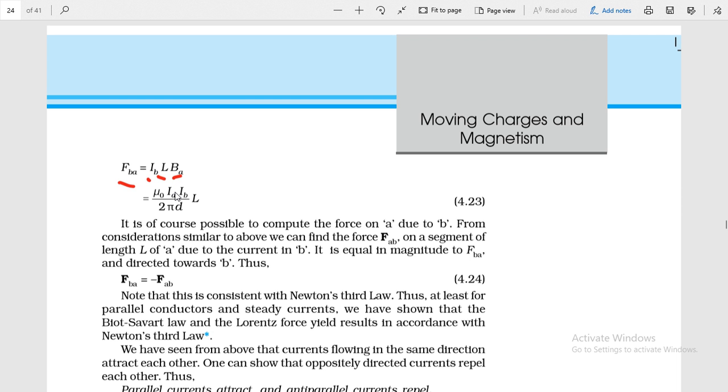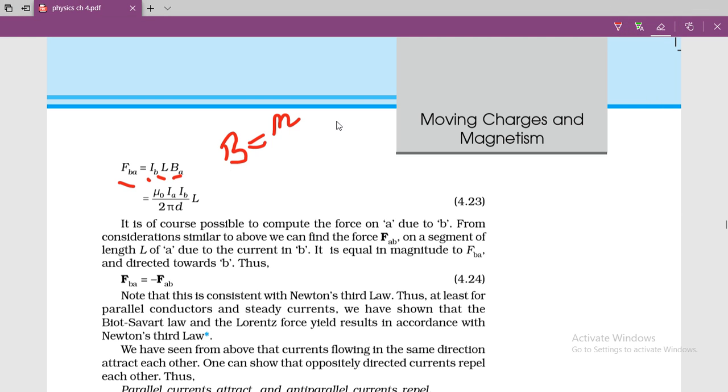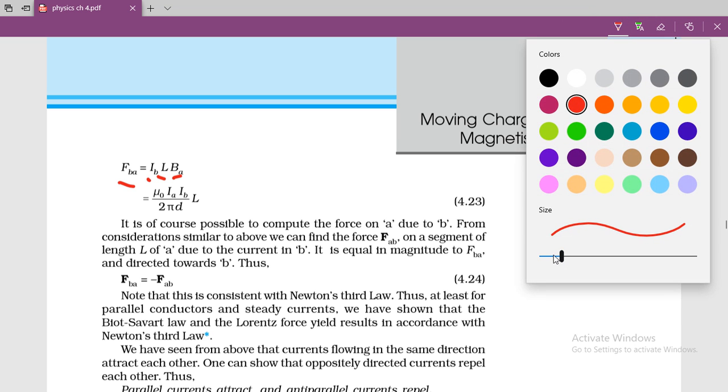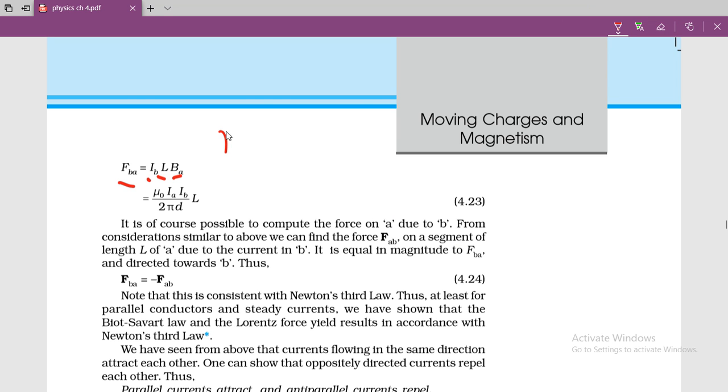Now you can use the value of BA, that is B is equal to mu naught upon 2 pi, into I upon D, where D is distance.